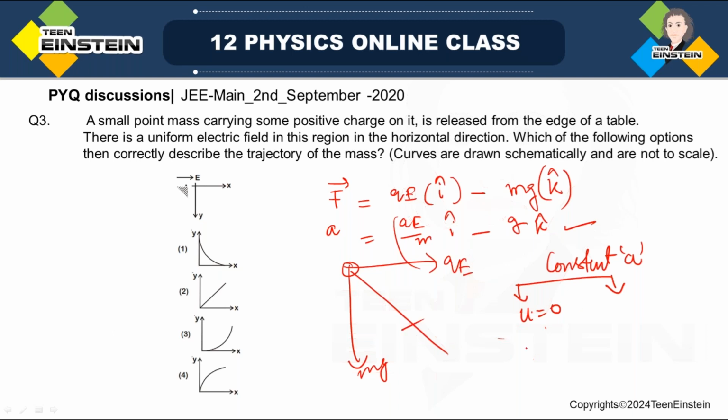I'll give you a simple example. Suppose an object which is just dropped, it will come down in a straight line with g. If you apply the force anti-parallel, then also it will be a straight line. So option 2 will be the correct answer for this question.